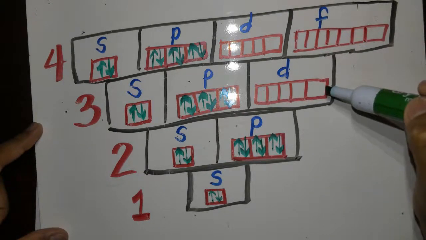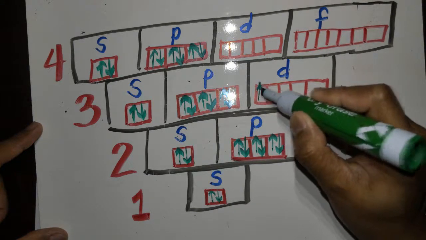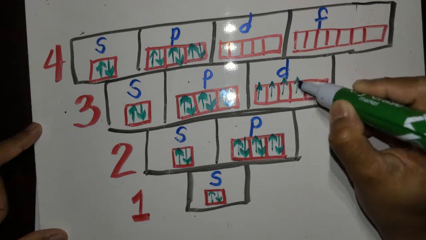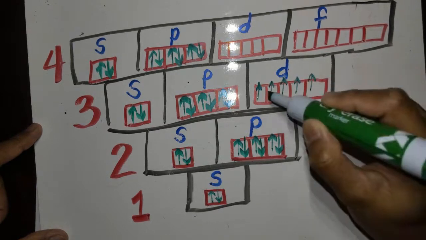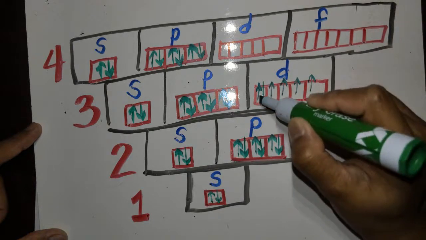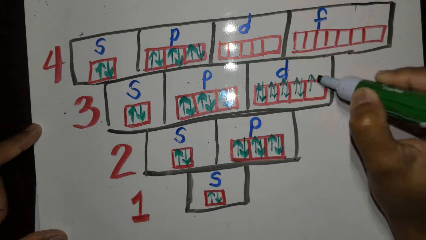The maximum. Let's take a look. That's 1, 2, 3, 4, 5. So 1 each, 5. Then we pair them up: 6, 7, 8, 9, 10.